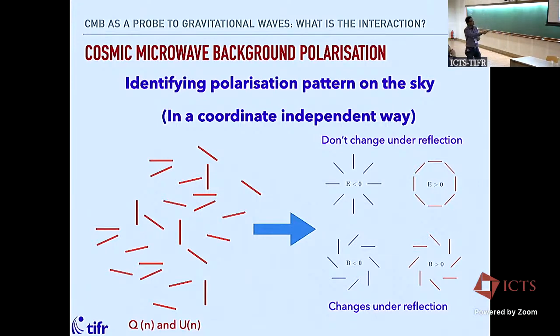Means if I put a mirror, this always goes to this and so on. Same for this. It does not change parity. It does not change the polarization stick direction. Whereas the other one, if I put a mirror here, this goes here and vice versa.